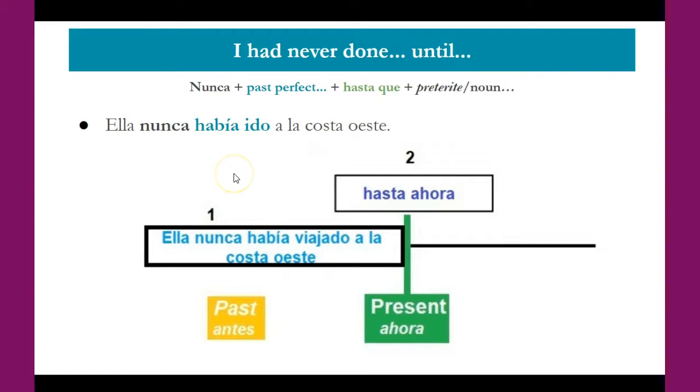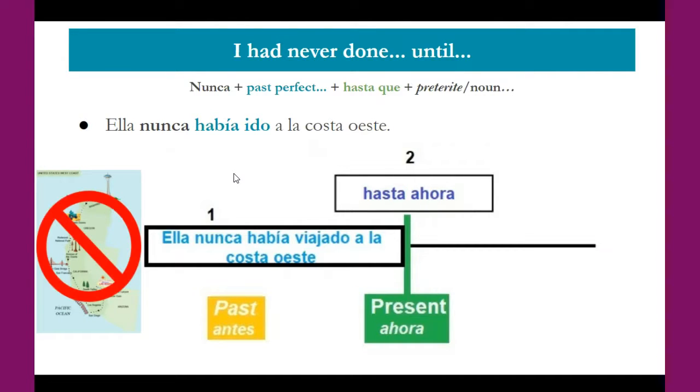Because when you're using the past perfect, you're excluding the present. You're implying that that was something previously to a past action, and that status changed in the present. So, ella nunca había ido a la costa oeste, to the West Coast. And now she has. Hasta ahora.